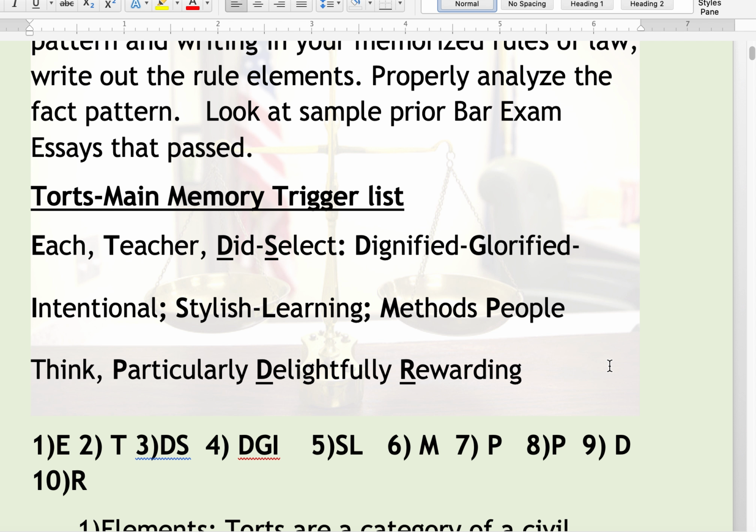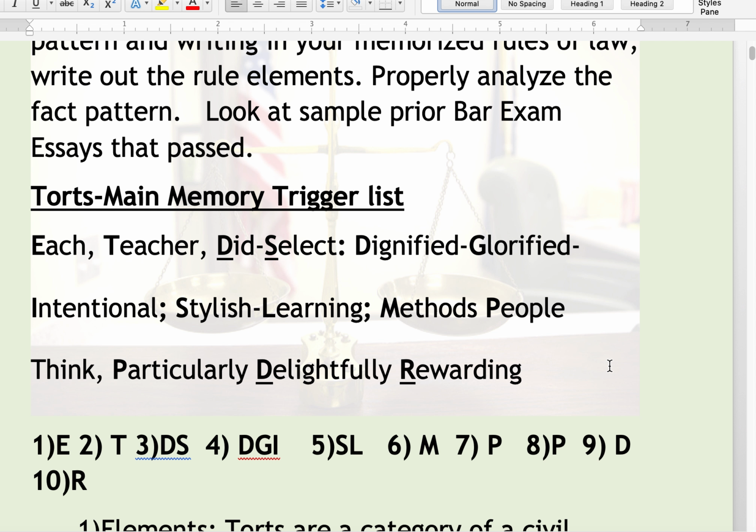So you're going to write down 10 points. Some of them will have more than one initial. It's going to be 1E, 2T, 3DS, 4DGI, 5SL, 6M, 7P, 8P, 9D, 10R.